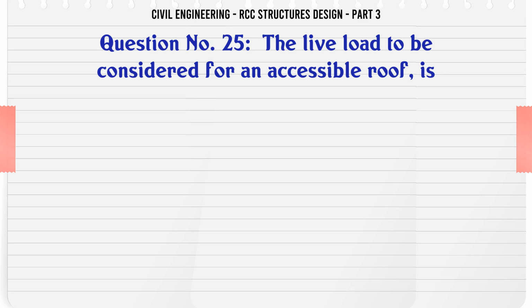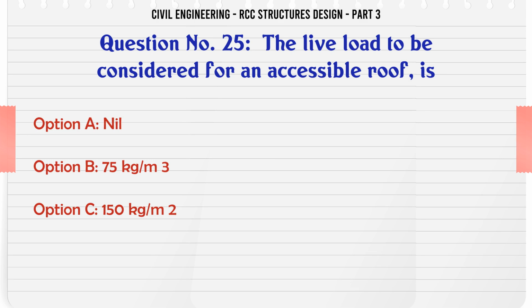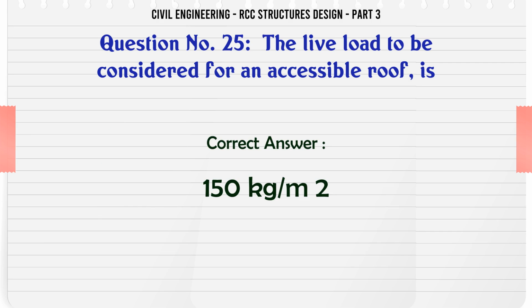The live load to be considered for an accessible roof is A. nil, B. 75 kg/m2, C. 150 kg/m2, D. 200 kg/m2. The correct answer is 150 kg/m2.